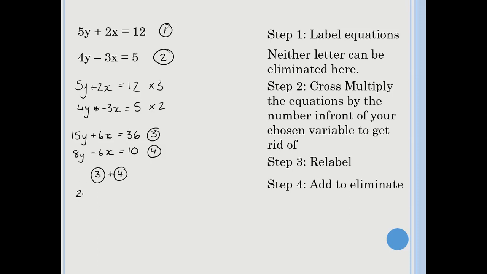So I'm going to have 23y, 6x subtract 6x is 0, and 36 add 10 is 46. And then I'm going to solve to find my value for y. So in this particular example, y is equal to 2.